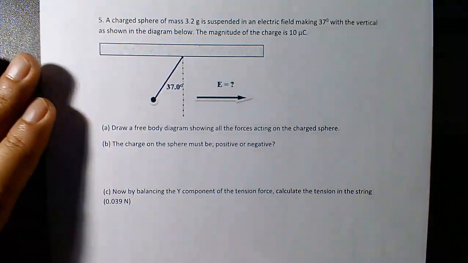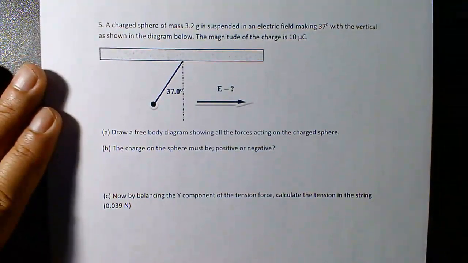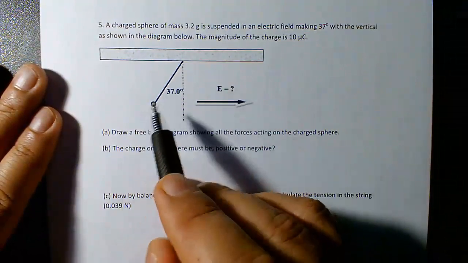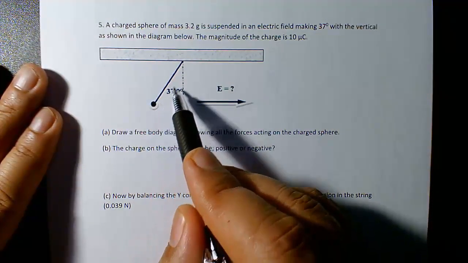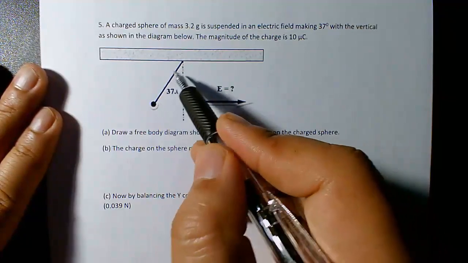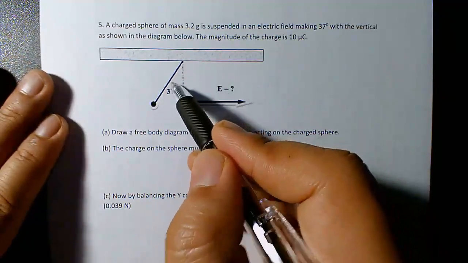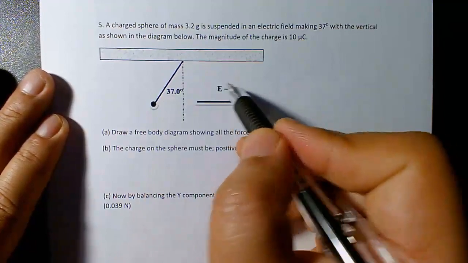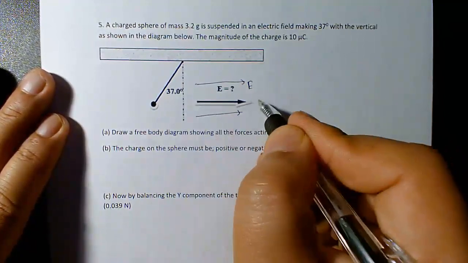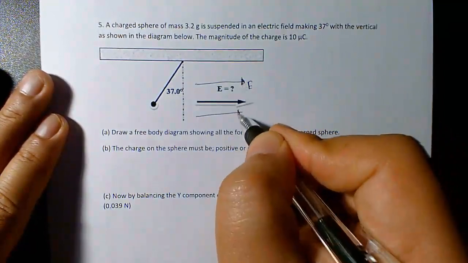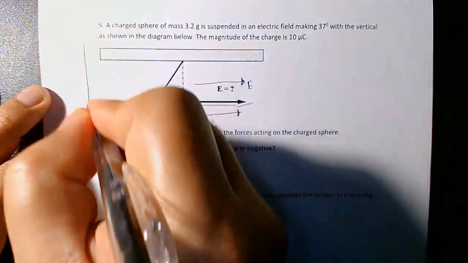It's a very general, typical question in electrostatics. It says a charged sphere, a charged particle, is suspended with the help of an insulating thread in an electric field. So you have a uniform electric field in this direction. This electric field, you can imagine, is produced by two metal plates.